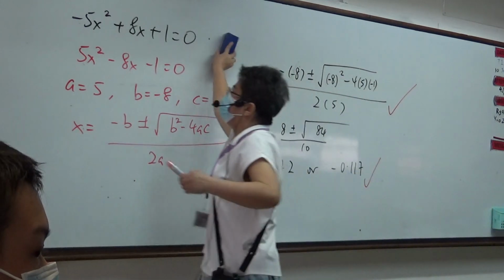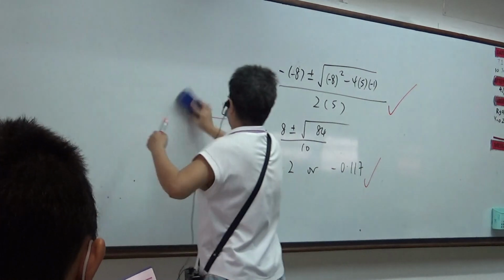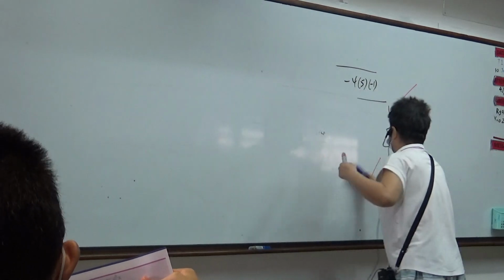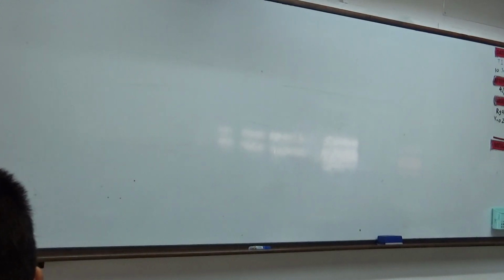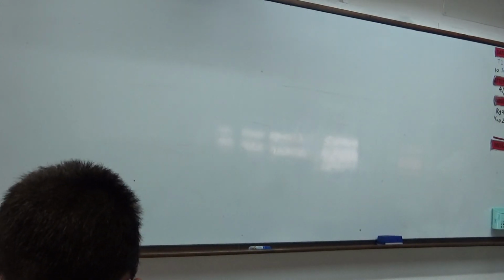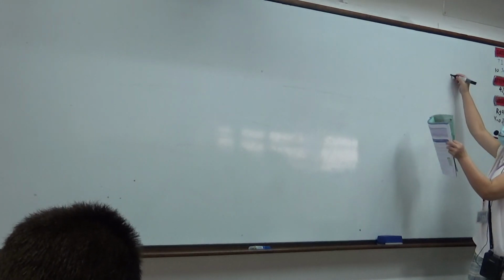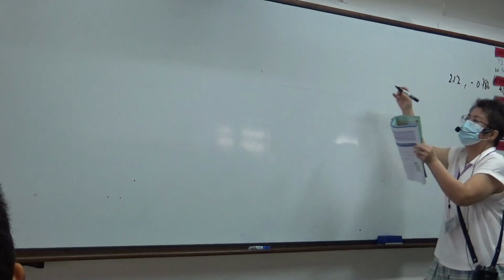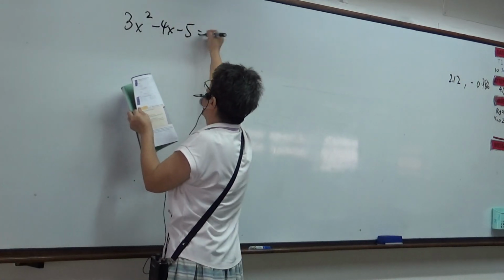Now, next. I'm going to show you something here. Okay. Can all of you look at example 6 again? The answer is 2.12 or negative 0.786. 3x squared minus 4x minus 5 equals to 0.